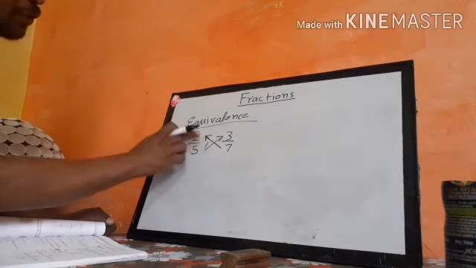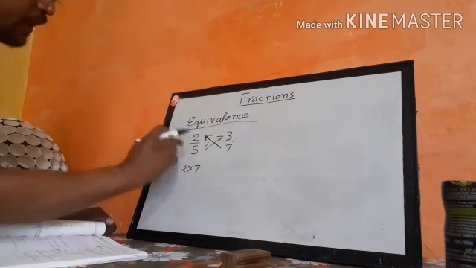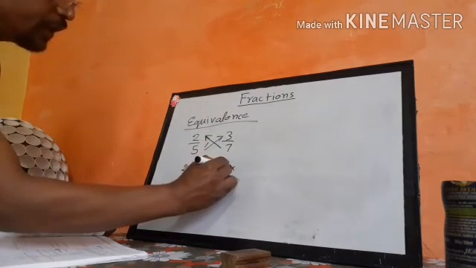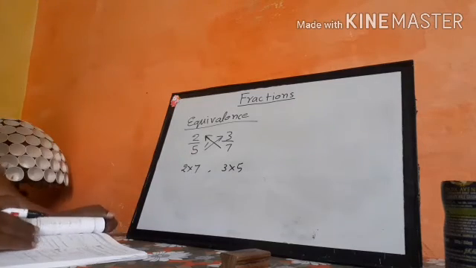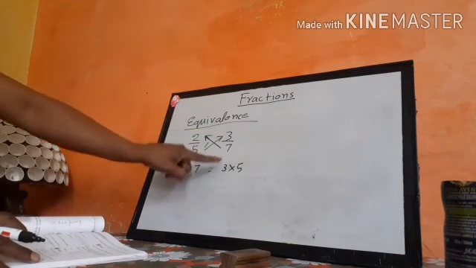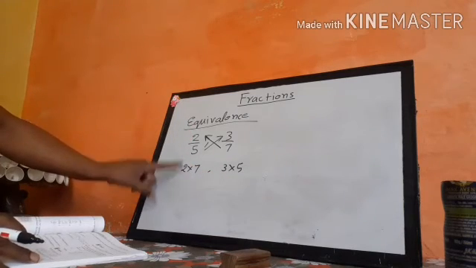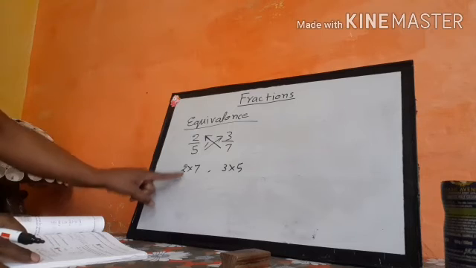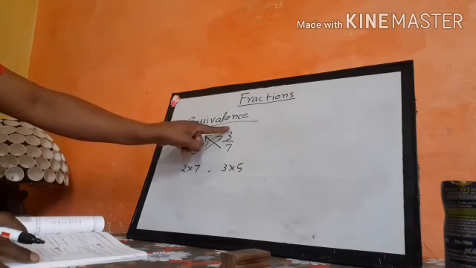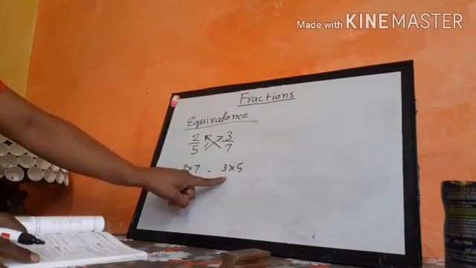So here 7 should be multiplied with the 2. So 2 into 7 and write it downward, and here 3 into 5. Keep in mind the product should be written below the numerator's fraction. Here 2 is there, so we write the product down under this fraction, and 3 is that numerator. So I am writing the product of this numerator with this denominator downward under this fraction.